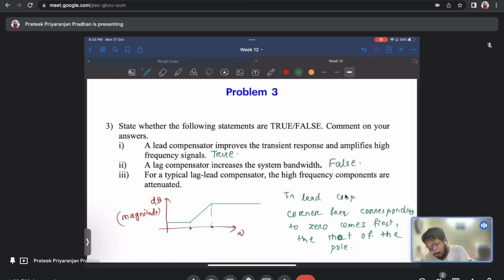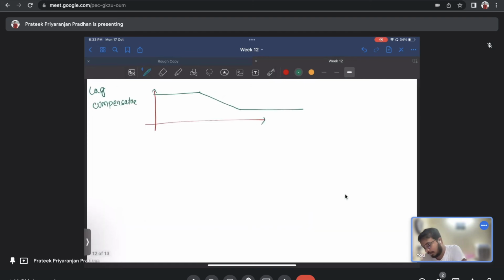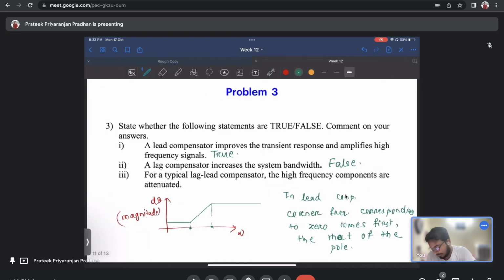For a typical lead lag compensator, how does the Bode diagram look? It's kind of like this.